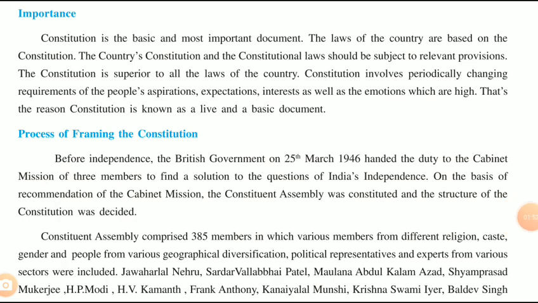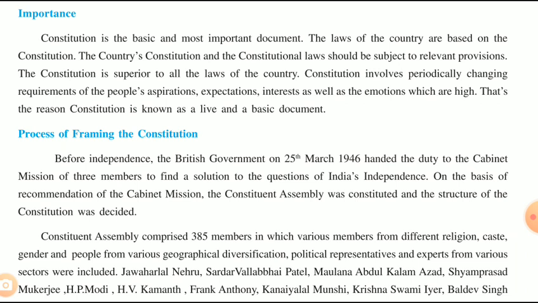Second is the importance of the constitution. For what reason is a constitution required? For the development of a country, law and order should be there in the country. In order to make laws, there should be certain systematic regulations and policies.